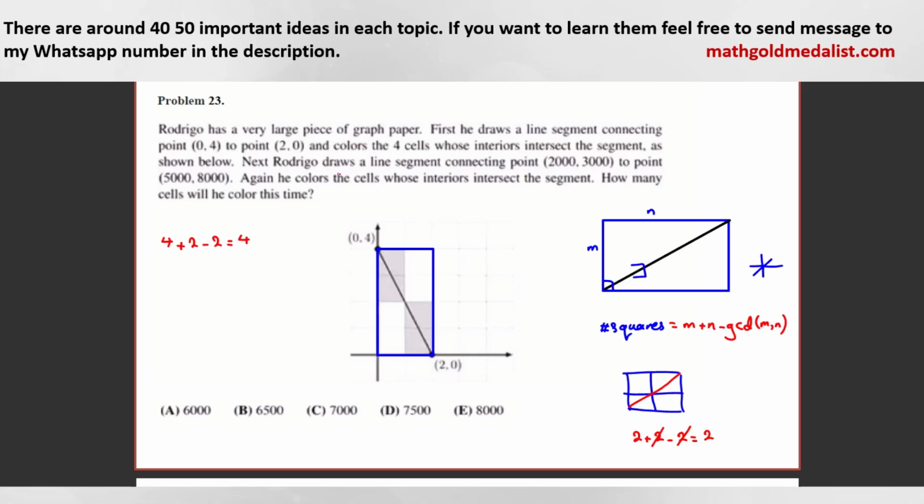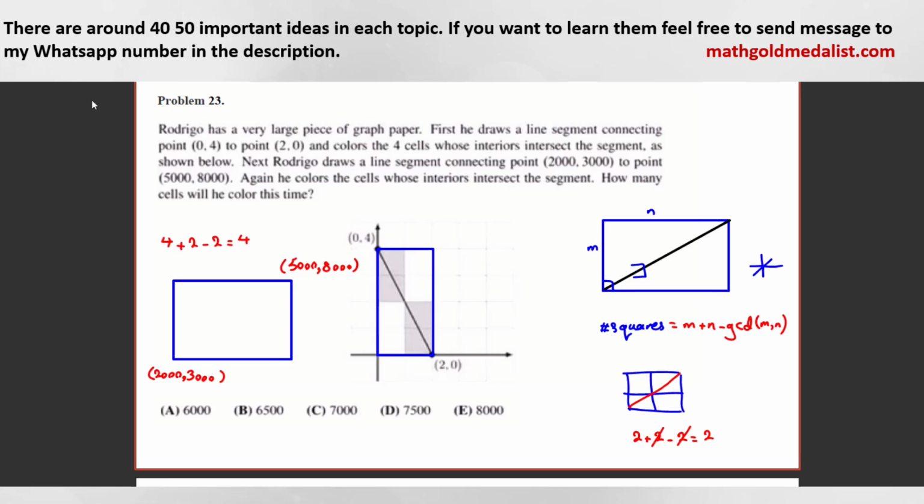It says next, Rodrigo draws a line segment connecting point (2000, 3000) to point (5000, 8000). So let's see what happens here. 2000, 3000. Okay, and the next one, 5000 and 8000. Then it says again, he colors the cells whose interiors intersect the segment. How many cells will he color this time?